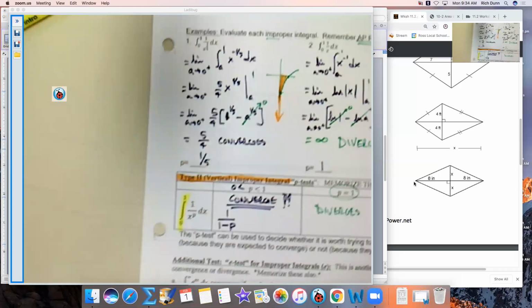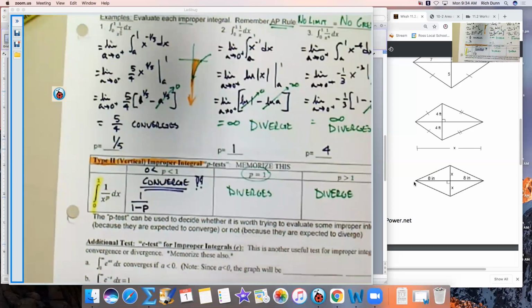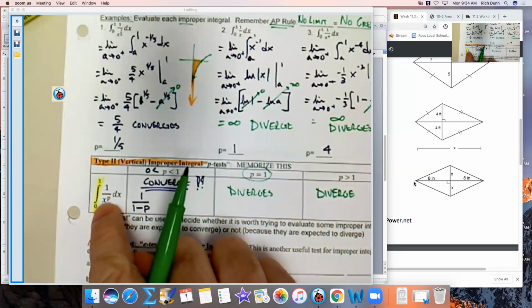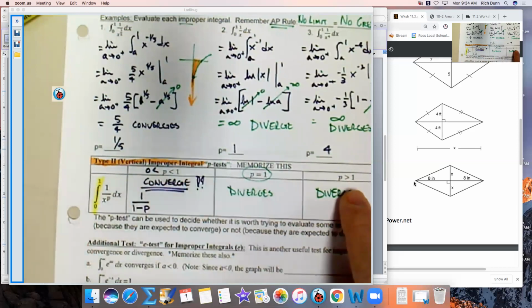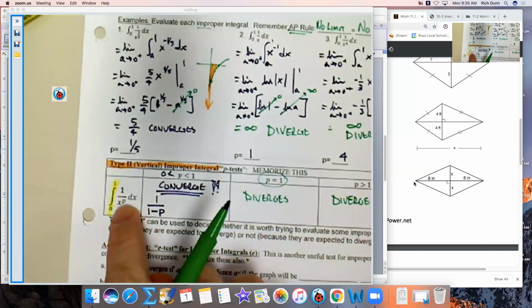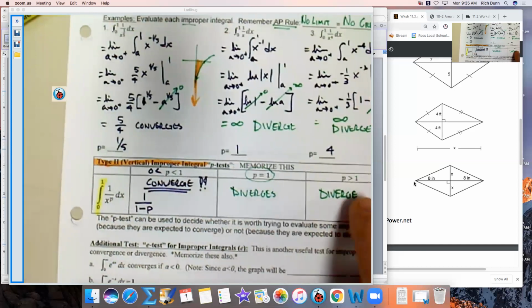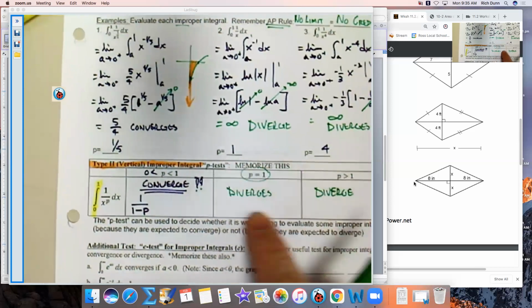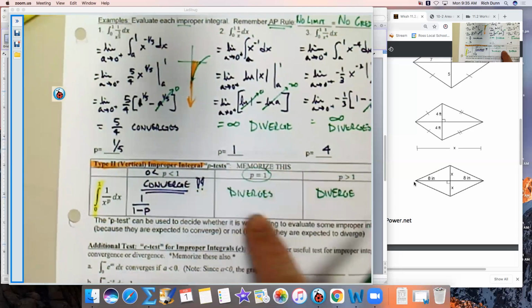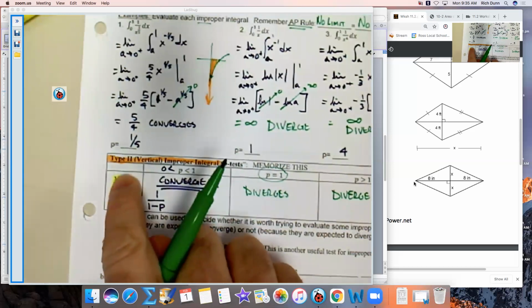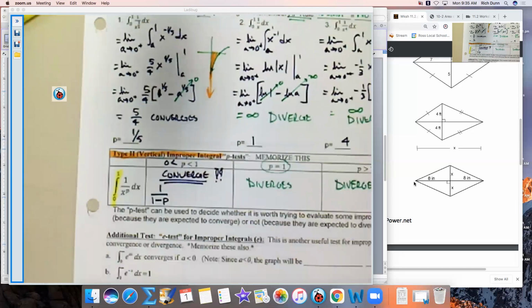And just the opposite with P greater than 1. When we take the integral from 0 to 1 and P is greater than 1, we will diverge. If we go from 1 to infinity, then this one will converge. Whenever P is 1, doesn't matter if we're going from 0 to 1 or 1 to infinity, that will always diverge.